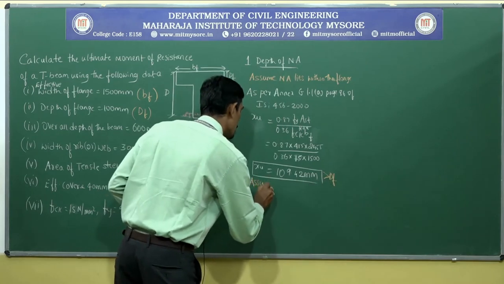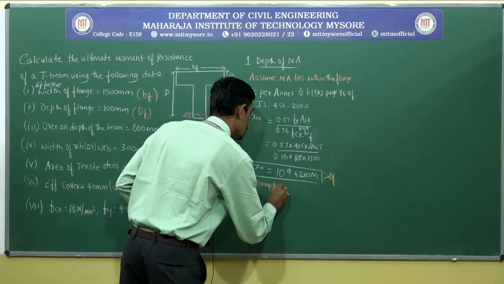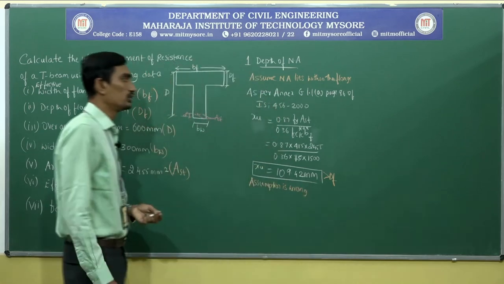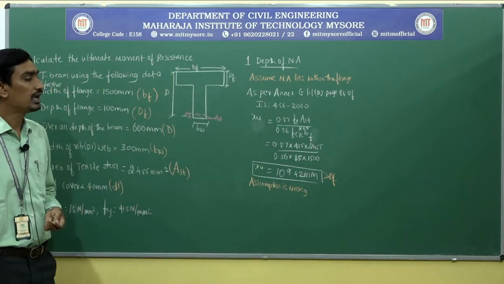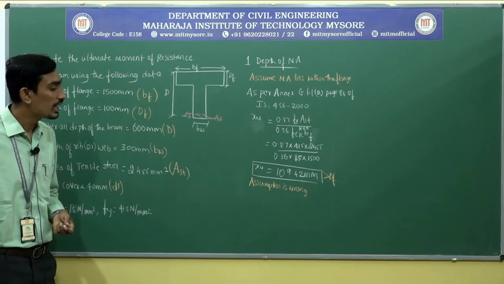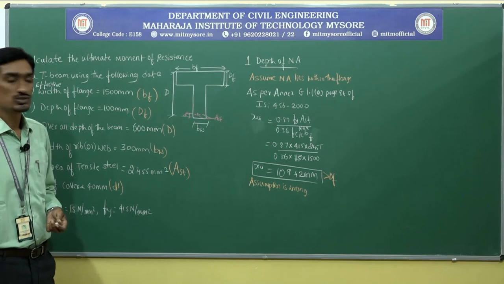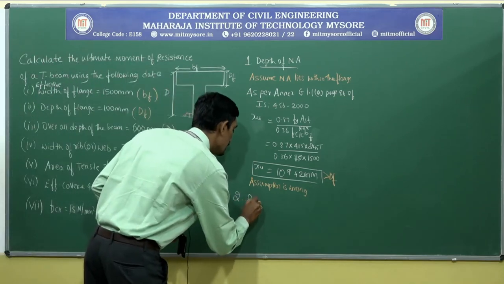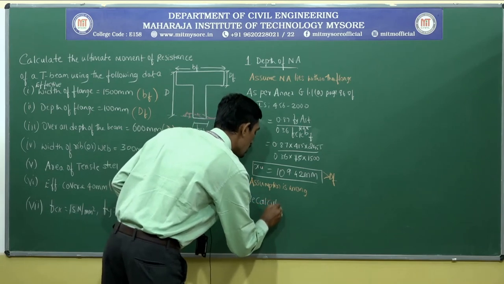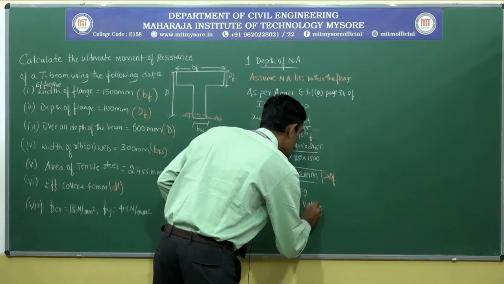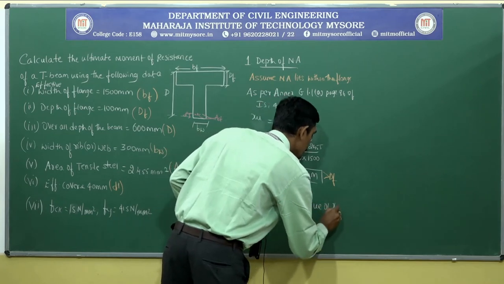The assumption is wrong, or does not hold good. The assumption has failed. I cannot go ahead further using this XU value. So now let us go with the recalculation of XU.